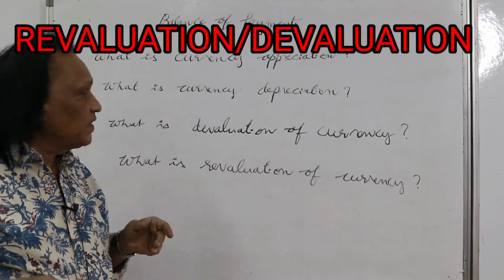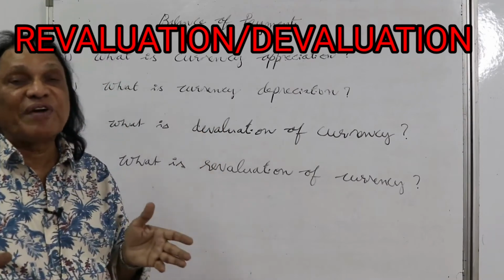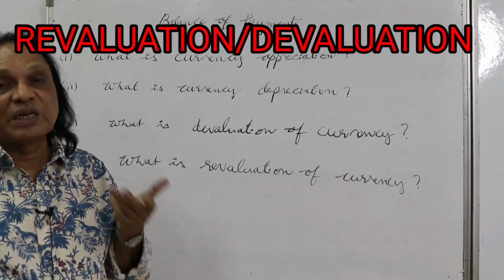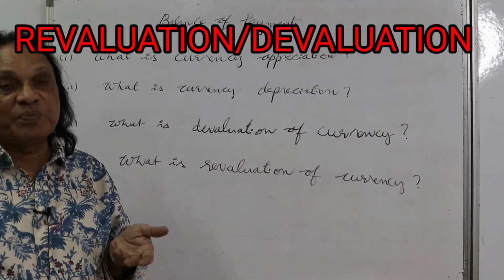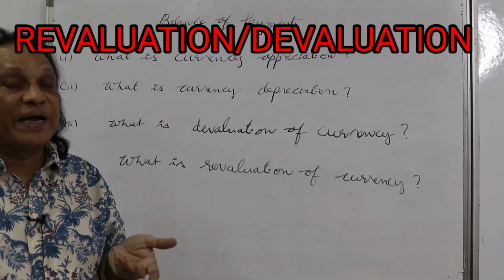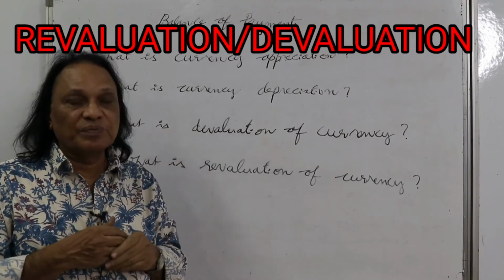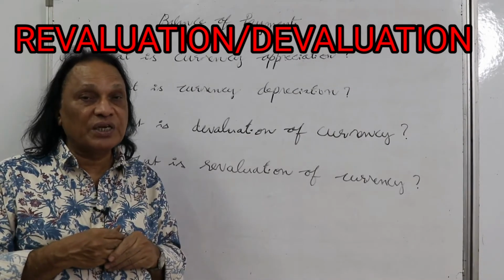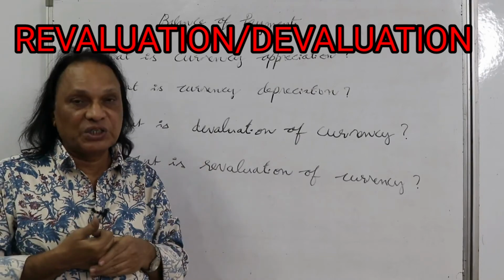In this system, the central bank deliberately reduces the value of our currency in terms of foreign currencies. That means instead of paying 60 rupees per dollar, the central bank now states that we will be paying 100 rupees for a dollar. That means deliberately you are devaluating your currency. So why are you reducing the value of your currency in terms of foreign currency? To increase our exports so that we get more foreign exchange.